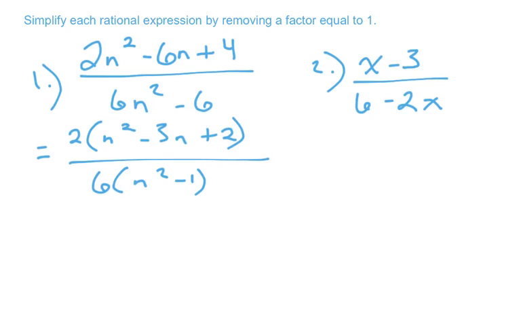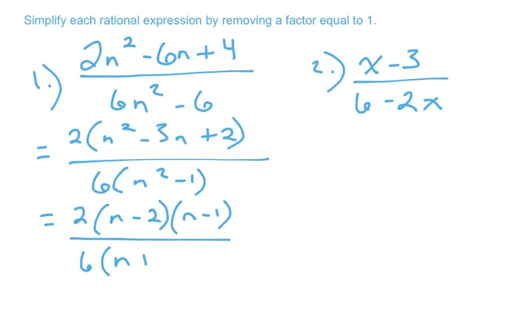Now you'll notice that the trinomial on top and the binomial in the denominator will both also factor. So we have 2 times, and then this would be n minus 2 times n minus 1. And divide that by 6, and then n plus 1, n minus 1. So then we just want to cancel things.